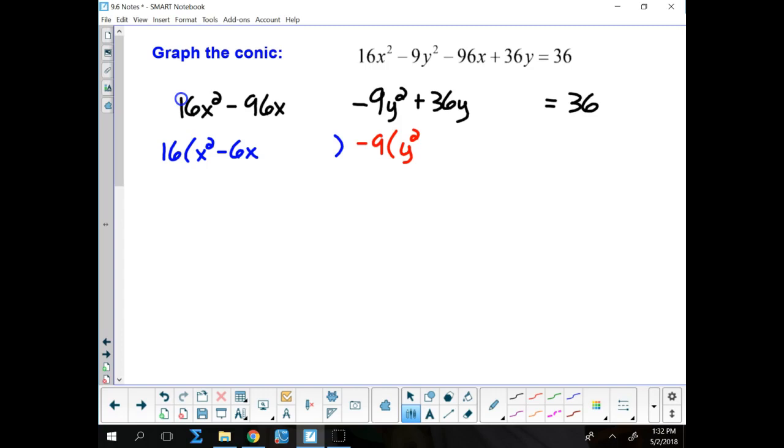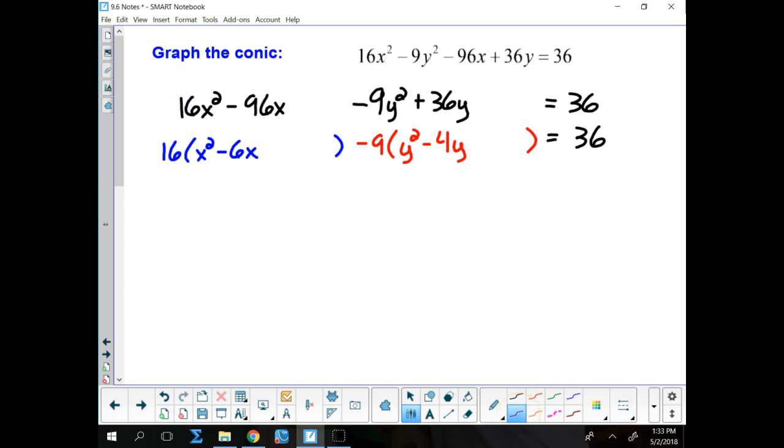Minus 4y, because I'm factoring out a negative number. If I check this with distributing, I get negative 9y squared, which is what I want, and I get positive 36y. Okay? So that was a kicker.